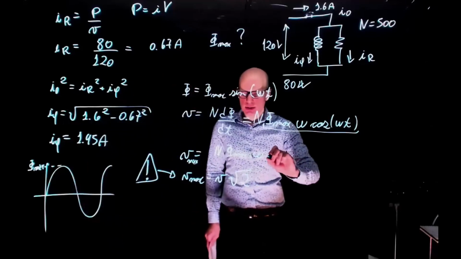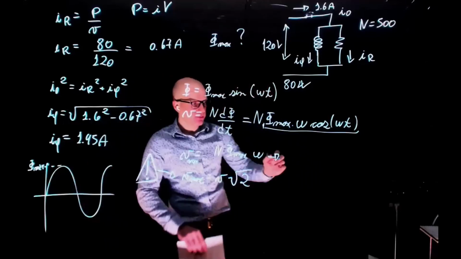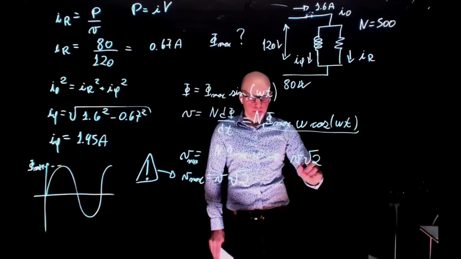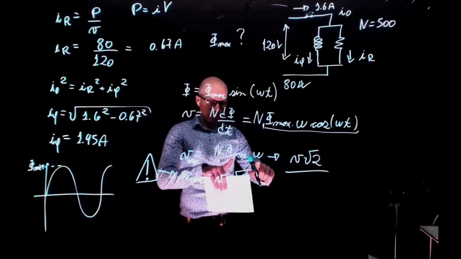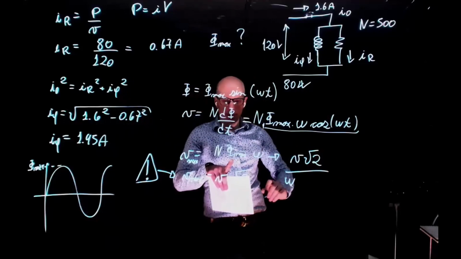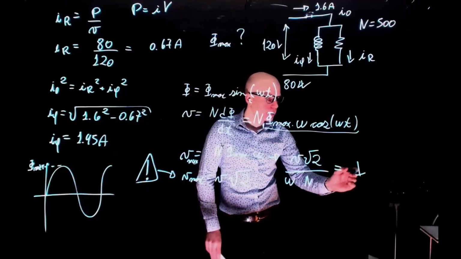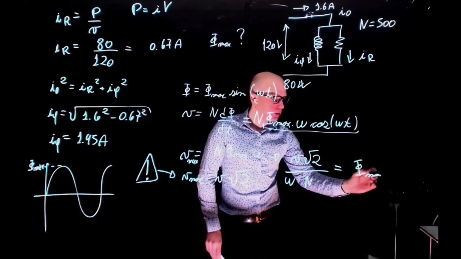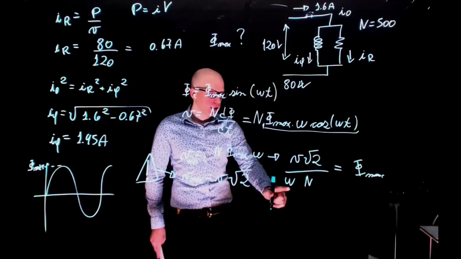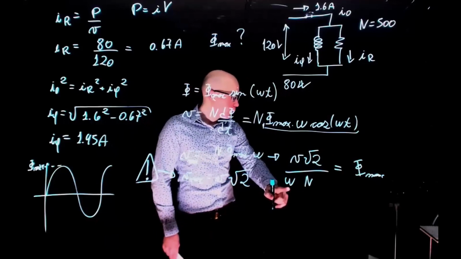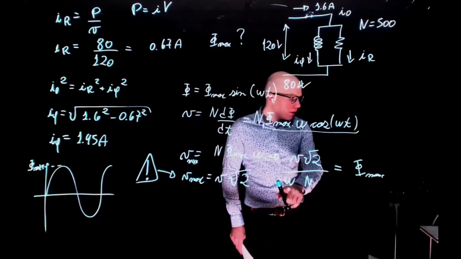We can now rewrite this expression as V square root of 2 divided by omega times N, and this is equal to the maximum magnetic flux. This frequency is in radians per second, and we are given a frequency in hertz.